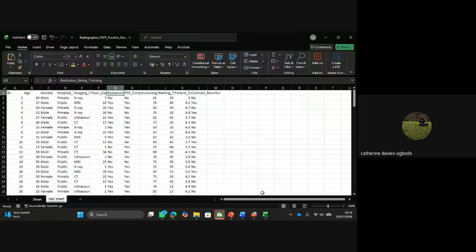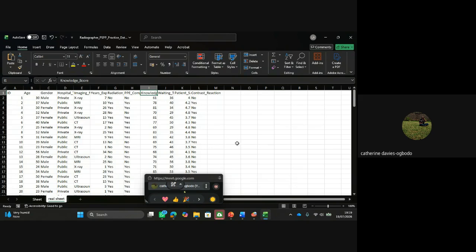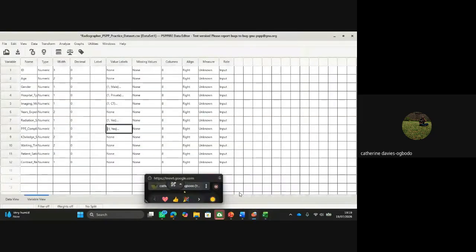Then the next one is knowledge score, which is numeric, so we don't need to code that. Waiting time, numeric. So the next one is contrast reaction. You can code that.